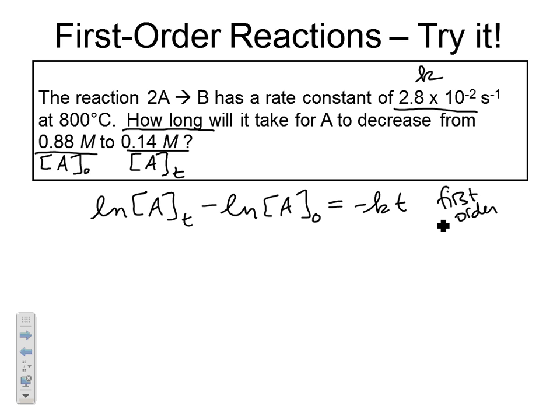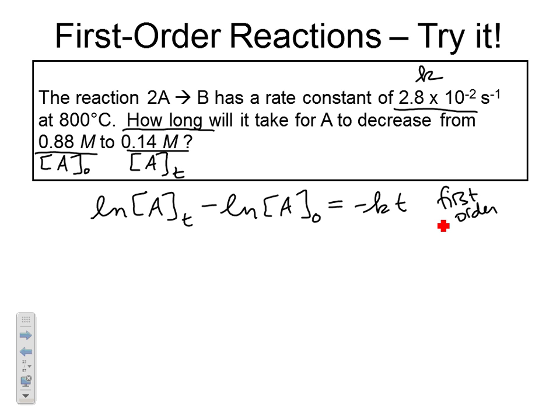And nothing in the problem, I know the title says it, but nothing in the question blatantly says this is first order with respect to A. So how can we prove that, yes, we are allowed to use this first order integrated rate law for this problem? Where is the problem telling us that it's first order if it's not blatantly coming out and telling us? Well, it does actually tell you somewhere. I wouldn't give you this problem unless somewhere it indicated that it was a first order reaction.